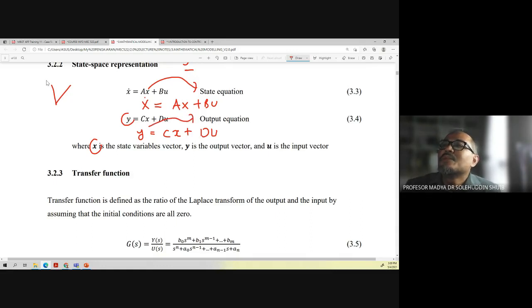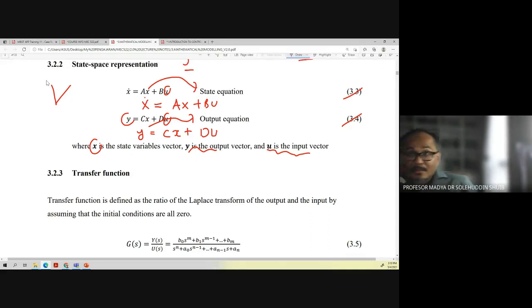And u, you can see in this equation, and in Question 3.3 and 3.4 we also have u. So u is an input vector. We have the output vector, the input vector, and the state variable vector.